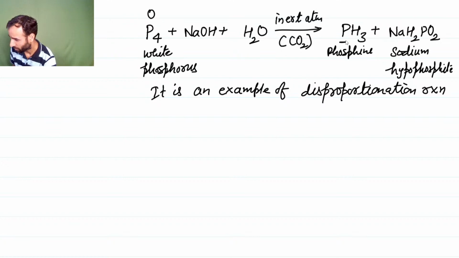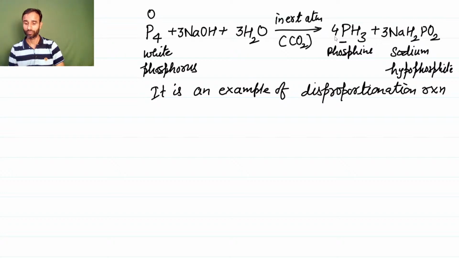Fast, fast, tell me fast. Yes, beta. In this reaction, what is the oxidation number of phosphorus in PH3 and in NaH2PO2? Yes. So it is 3, 3. It is balanced down. Yes, beta, fast.